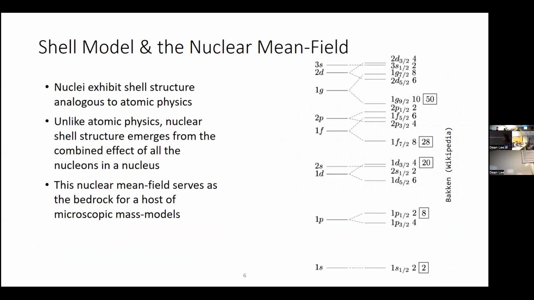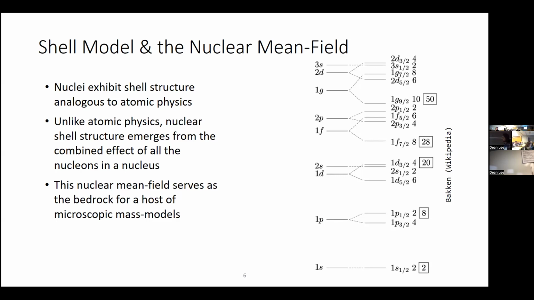So before I get to the specifics, I will spend one slide introducing the nuclear shell model for anyone who's unaware of it. So quite in close analogy with atomic physics, nuclei also exhibit shell structure.